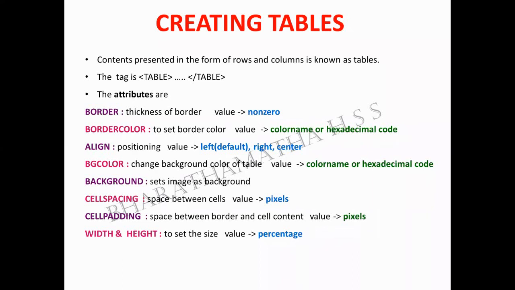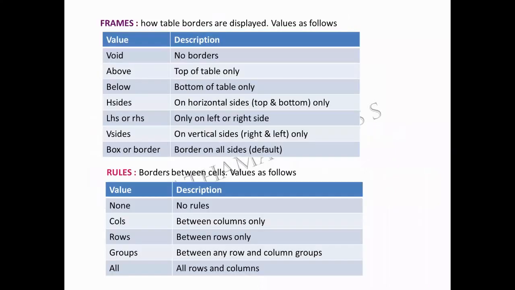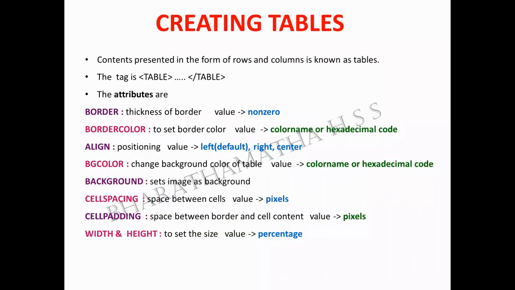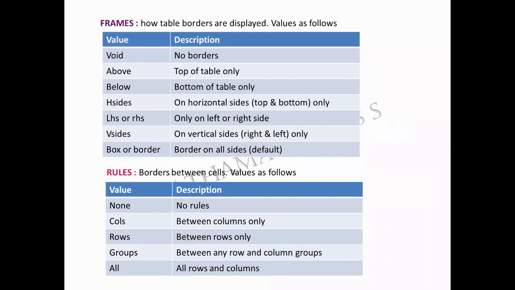So based on this, we have seen an example of how to create a table also. After this, apart from the set of attributes that we have seen in the previous slide, which are the very preliminary attributes, the next we have is frames and rules.